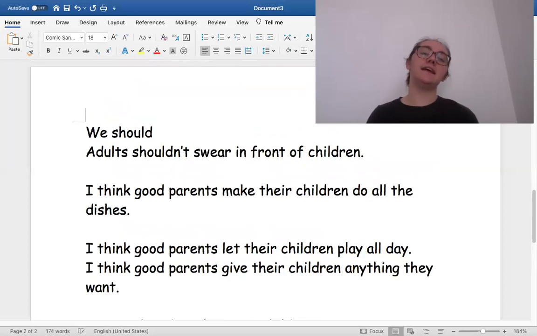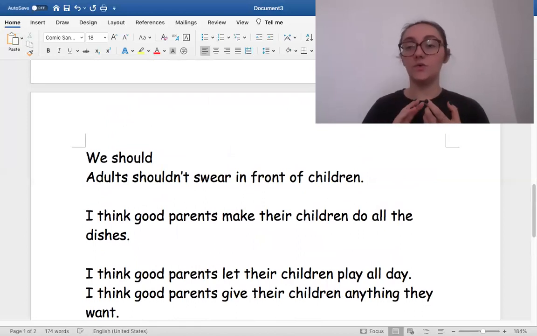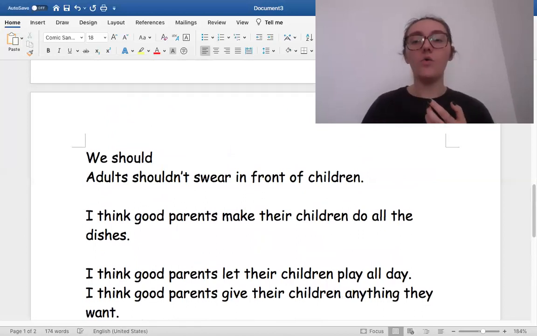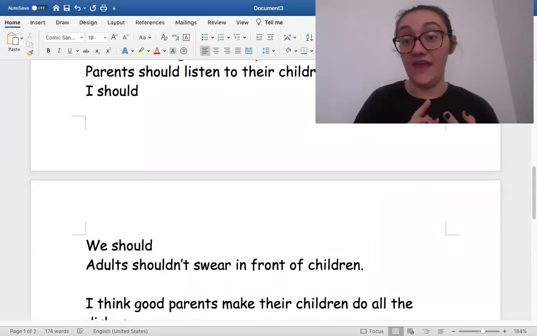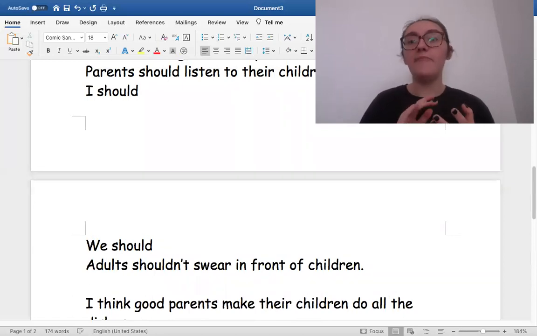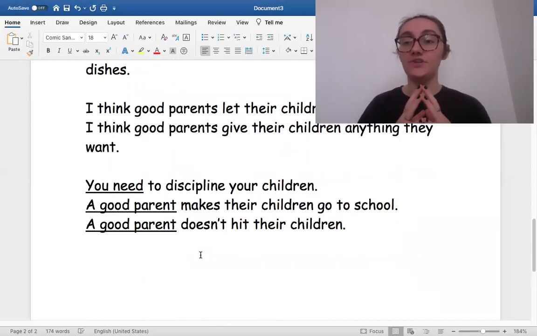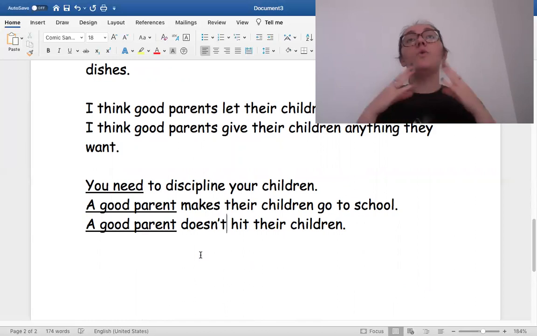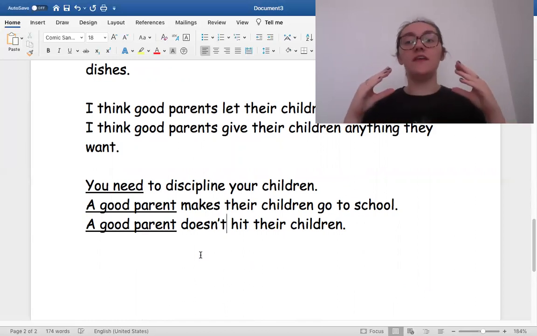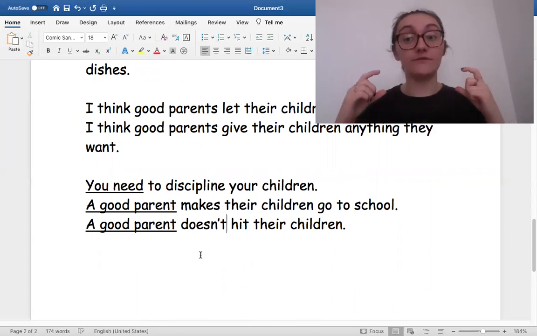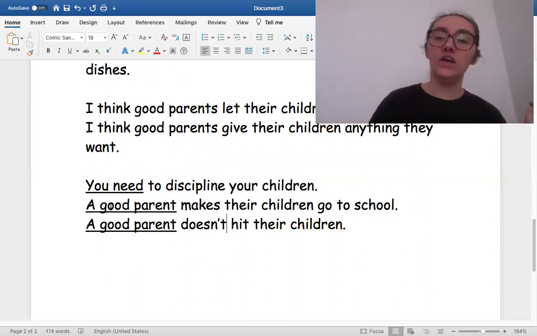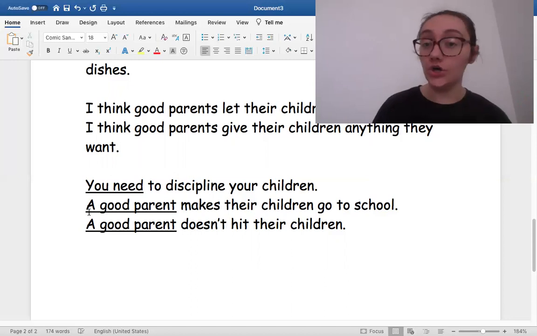So remember that you can use the words I think, or they should, we should, parents should, if you're giving your opinion. But if you're saying something that you want people to know is what you think, but also is something that you think should be true and right for everybody, you say you need, or a good parent.